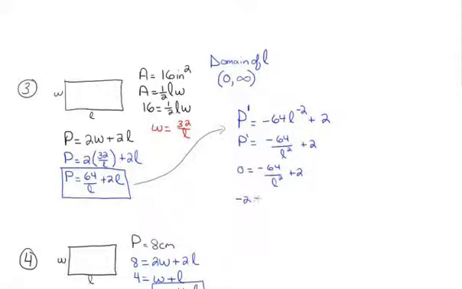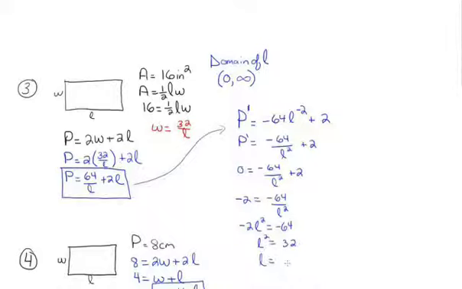So I get negative 2 equals negative 64 over L squared. I'm going to multiply by L squared. So I get negative 2L squared equals negative 64. L squared equals 32. So L equals positive and negative, but the negative won't make any sense.